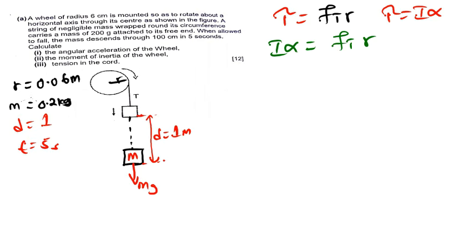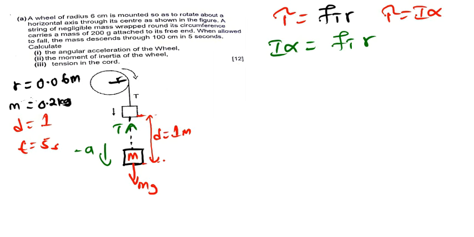Let's see the relationship which is going to be there for the tension force. For the tension force, I know that there is a force pointing upward. That force is the tension force. An object is coming down, so the acceleration is definitely negative.